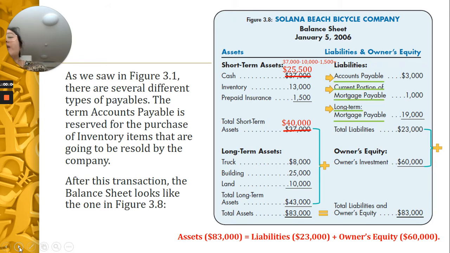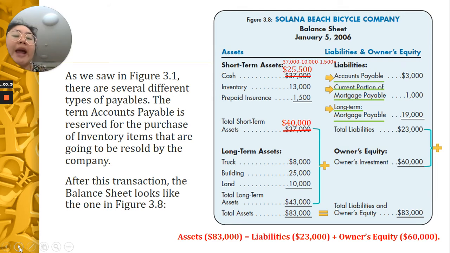You can see in Figure 3.1 there are several different types of payable. The term account payable is reserved for the purchase of inventory items that are going to be resold by the company. So after this transaction, the balance sheet will look like this.